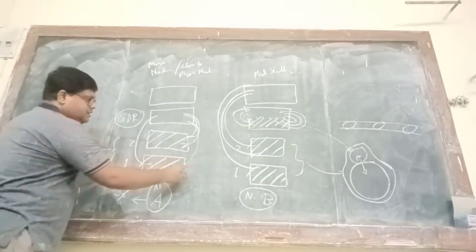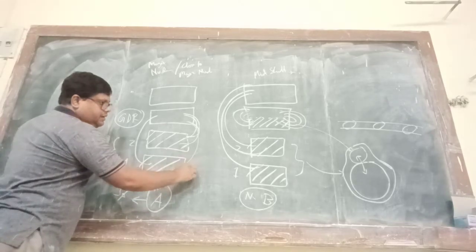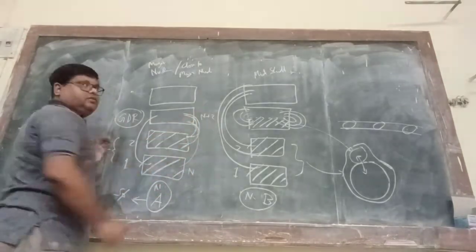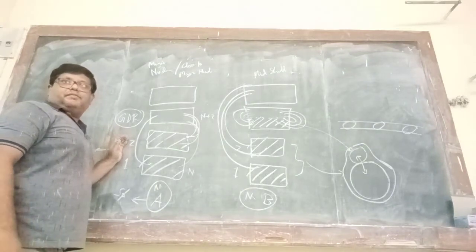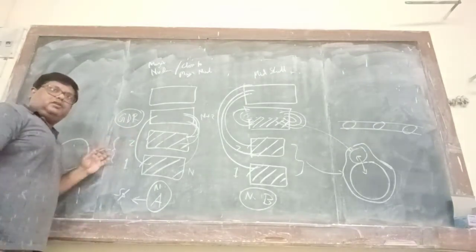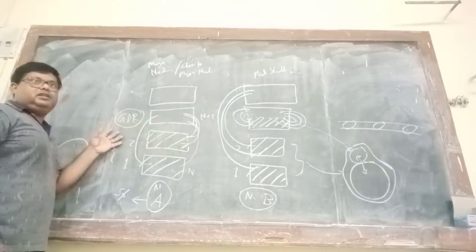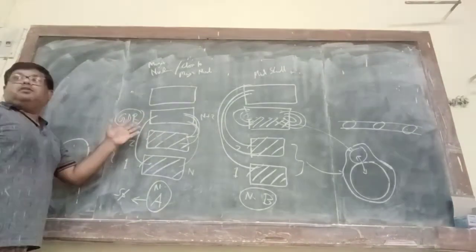So if this is your n, then GDR happens from n to n plus 2. You can check the literature for the excited structure of GDR, the giant dipole resonance.